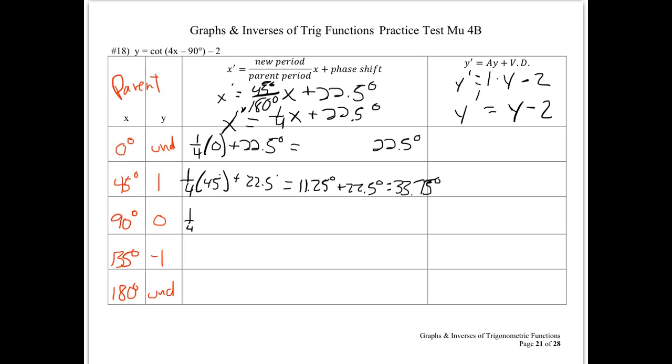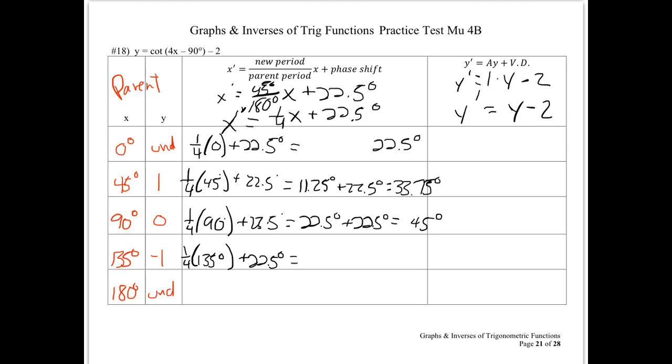Next, we're going to take 1/4 of 90 degrees, which is 22.5. So I get 22.5 plus 22.5. That's going to give me 45 degrees. Then we're going to take 1/4 of 135, which is 33.75.